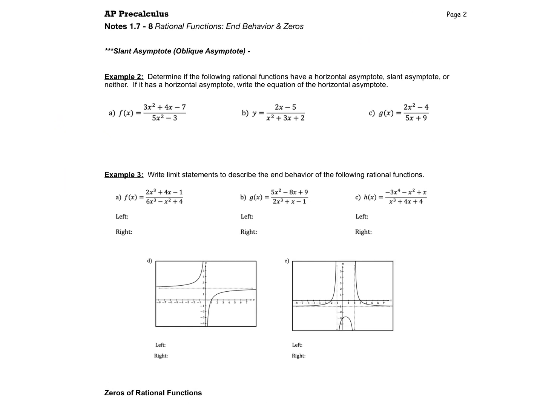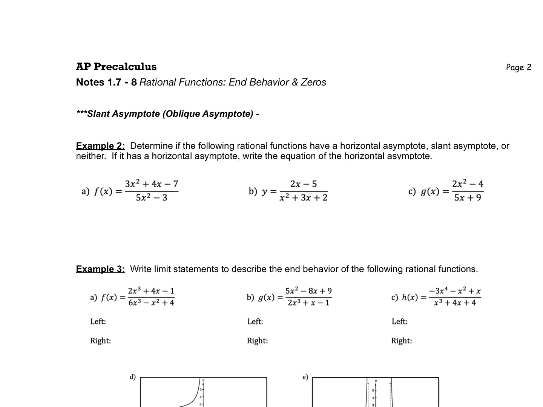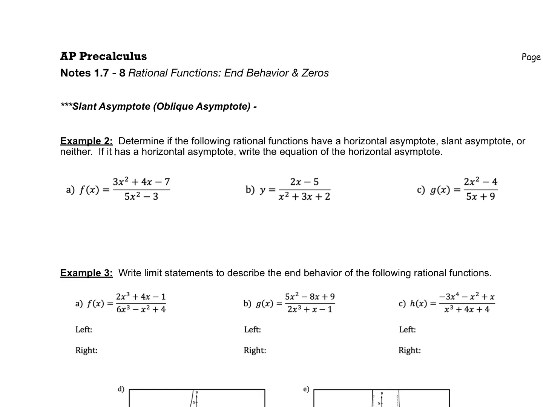You have an asymptote that's slant or oblique. It's going to be linear, and it's going to follow slope-intercept form, okay? So a slant asymptote is going to have that form, y equals mx plus b. It's going to be this diagonal line that guides our function, especially around its end behavior, okay?